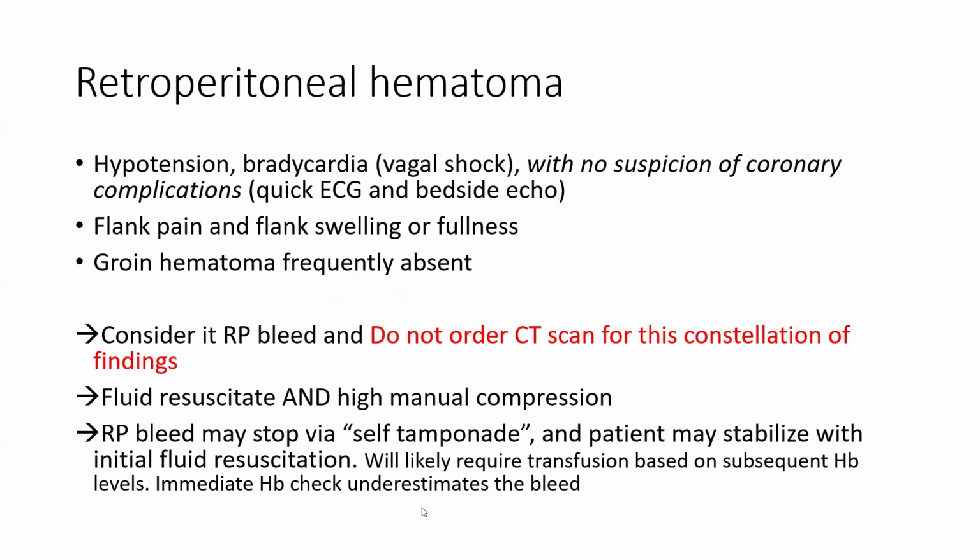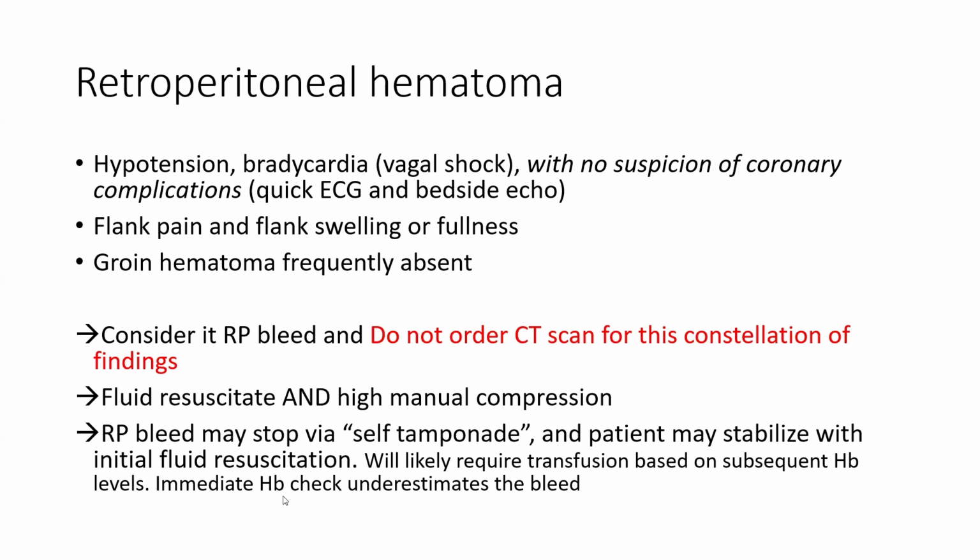So within an hour, his hemodynamics are stable. You've given him 1 liter, 2 liters of fluid. So it's good. We can keep watching the patient. The patient will likely require transfusion based on subsequent hemoglobin levels that will likely decline. And in a Cleveland Clinic registry, 58% of RP bleeds eventually required transfusion.